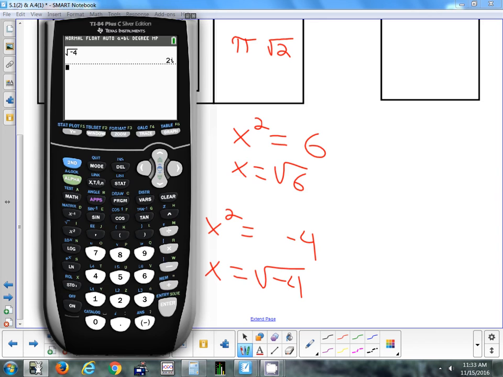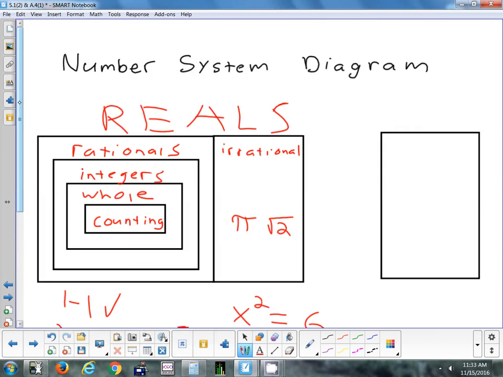Okay, imaginaries. So over here are your imaginaries. And together, all the reals and imaginaries, those are called complex numbers. Okay, so complex numbers, those are the big picture.